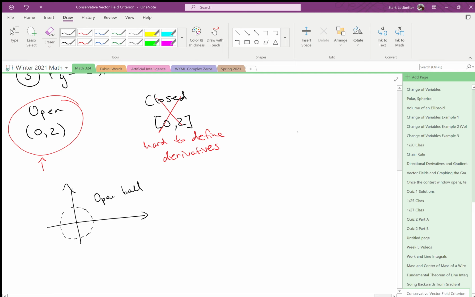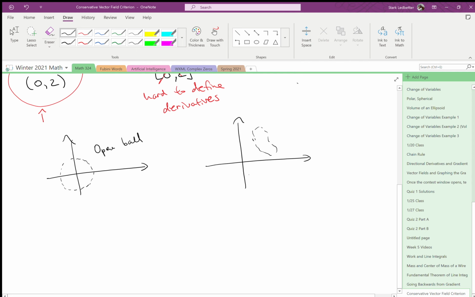I can make more interesting open sets, or open regions. There's an open region. And I can maybe glue a couple together. So that's also an open region. Oh, but if I start allowing gluing together, things could start getting weird, because I might be able to glue together not just 3, 4, 5 things, but I don't know, am I allowed to glue together infinitely many things? Math people start asking really weird questions.